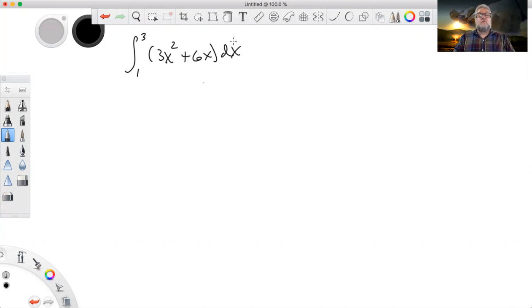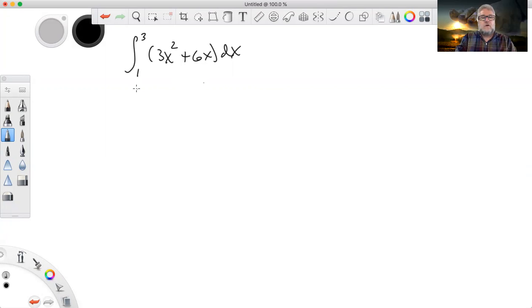I'd consider this one an easy one because it's not a u times du. It's not a function with an exponent on it. It's just two pieces of a polynomial, and so those are easier to integrate. Why don't you pause and try that on your own and then compare to what I'm going to do. Okay, go.